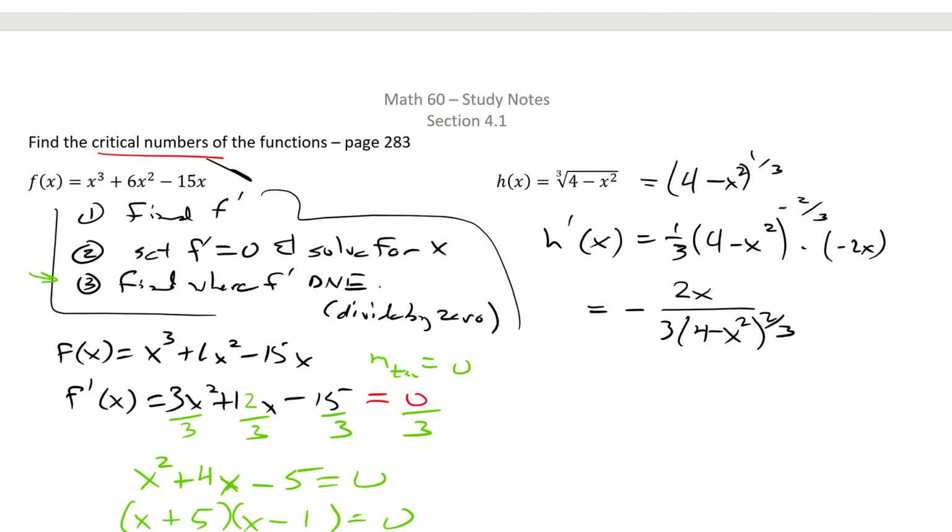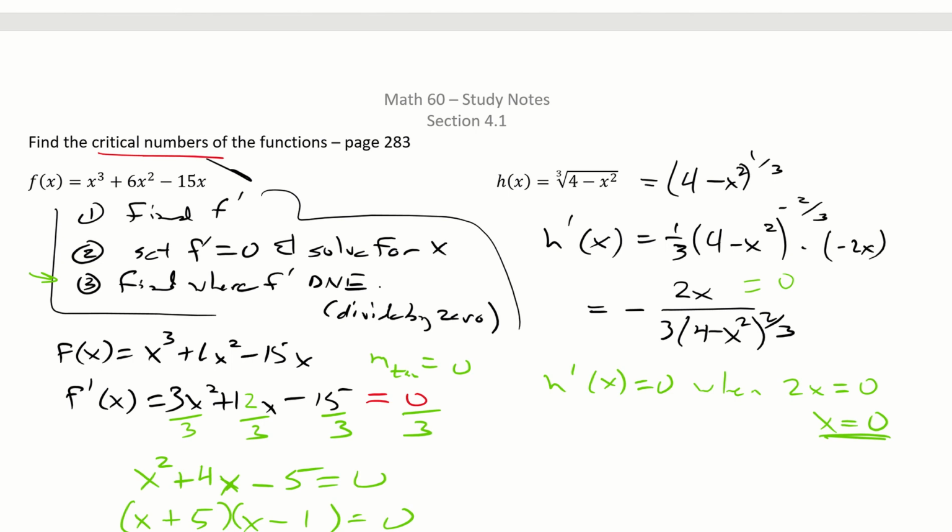Okay? So when you have a rational like this, it's kind of easy. You look at the top. When the top is 0, the derivative is 0. So I'll say it this way. H prime of x equals 0 when the numerator 2x, I don't care about the negative yet, is equal to 0. So obviously there's a critical number, because if I plug in 0 for x, I got 0 for a derivative. I've got a horizontal tangent.